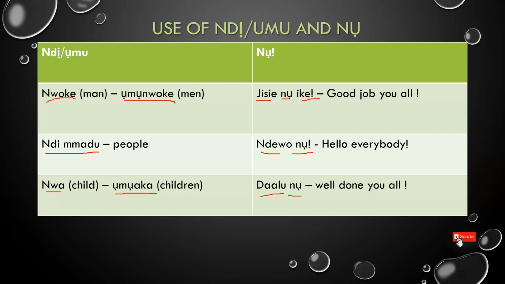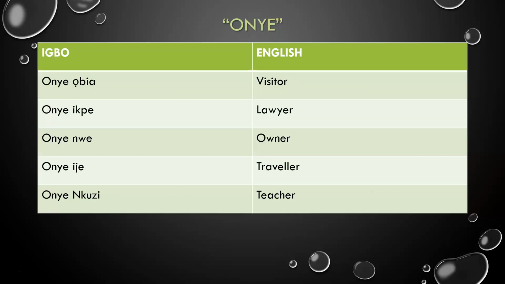Let's move on. Let's see how we use onye. Now it's for title or for profession or vocation or something like that. So we say for a visitor is onye ọbịa.